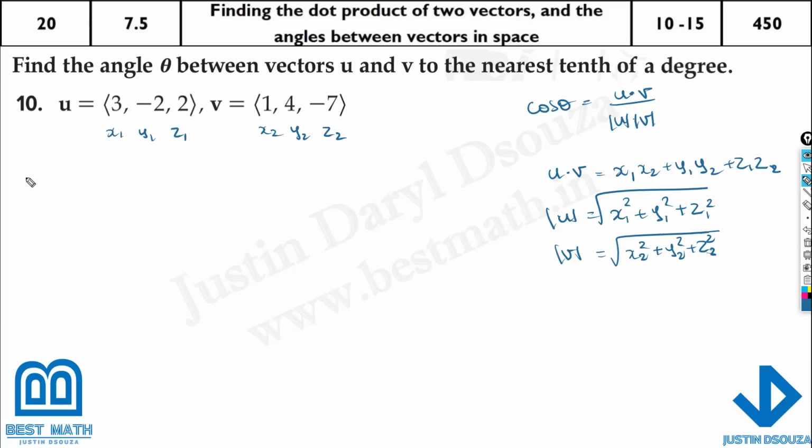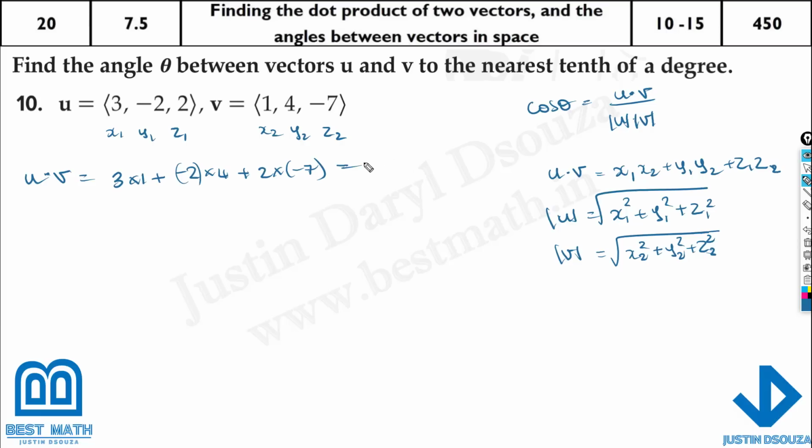Let's solve one by one. In the exam, write the formula here, and then under it, just do the substitution and solve it. I'm just going to do the substitution here because the formula is already written over here. So it'll be 3 times 1 plus (minus 2) times 4, I'll put brackets for negative numbers, plus 2 times (minus 7).